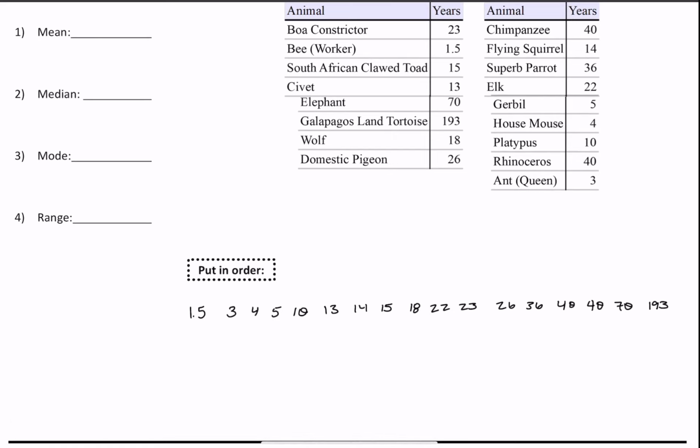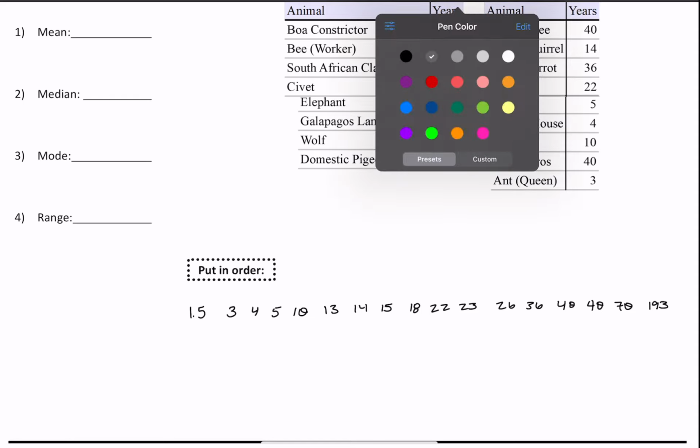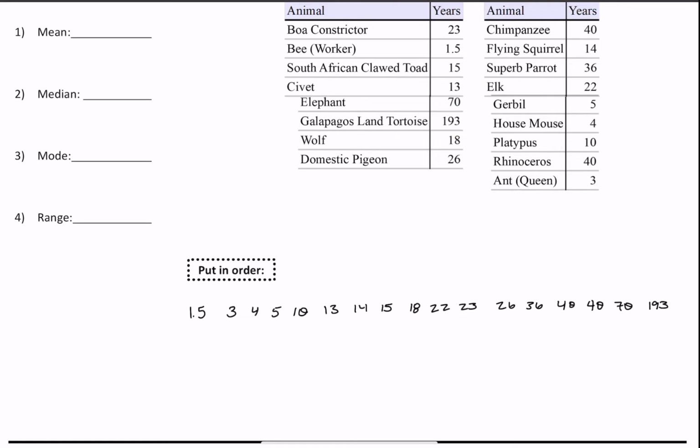So now what we're going to do is we're going to figure out the mean. And the mean in this case means we have to add all these numbers. And when we do, we should get, I'll do this in gray. When we add all these numbers, we get 533.5. And then we divide by how many numbers we have, which in this case is 17.